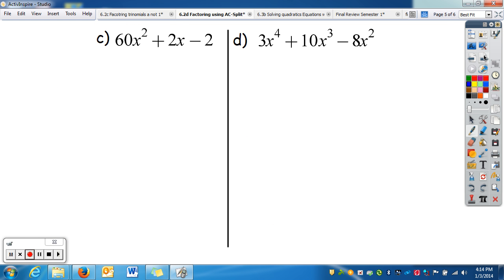I am just going to do one more. So let's do D. Alright. So I want to find the GCF of these. So I'm going to divide out the GCF. So I have x squared.